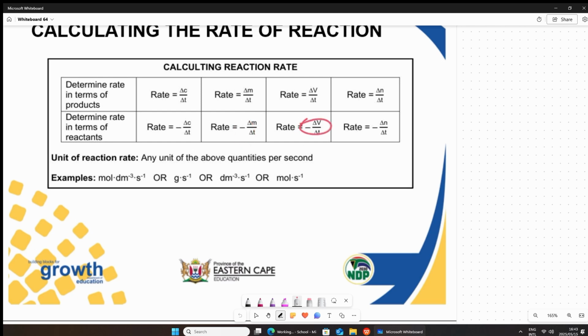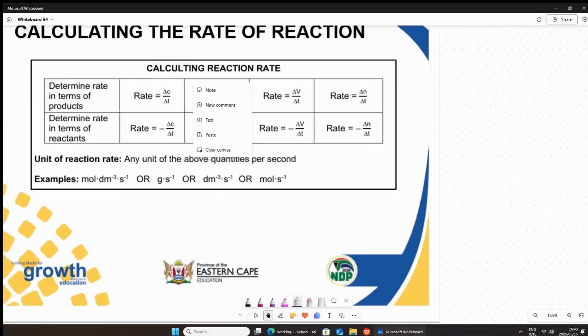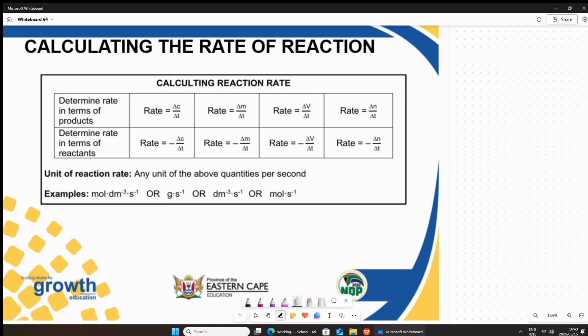However, if the rate was measured using the products, there is no need for the negative sign, because the concentration, volume, mass or number of moles of the products finally will always be greater than what was there initially, because at the beginning of the reaction you start with 0 products but you end with a larger amount.